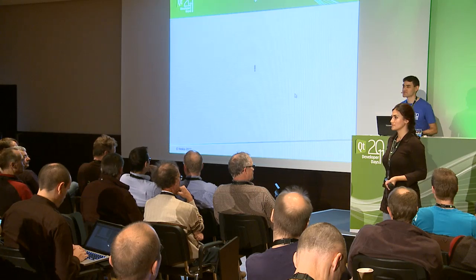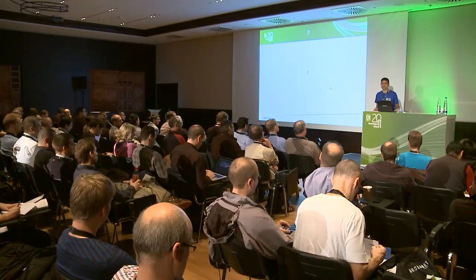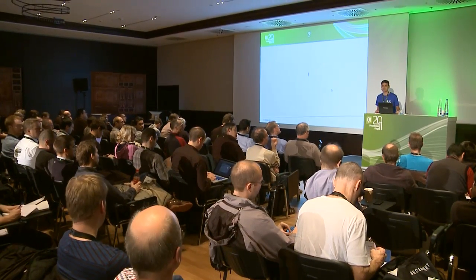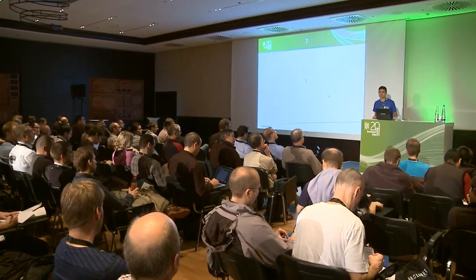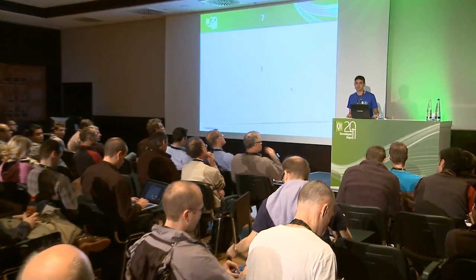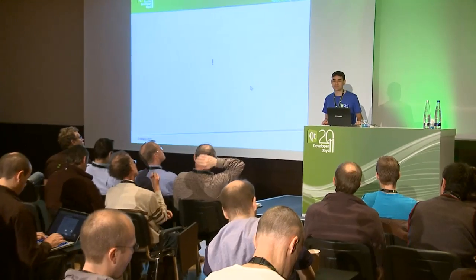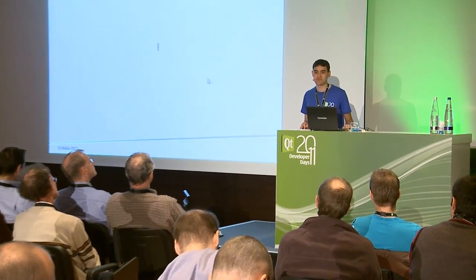Anything else? Yes. You mentioned that you can cache textures for QImage. Is that right? Because I don't know how you detect that the image hasn't changed from one paint event to the next one. Yeah, well, that would have to be part of your program logic. Or if you're using graphics view, graphics view will keep track of that for you.